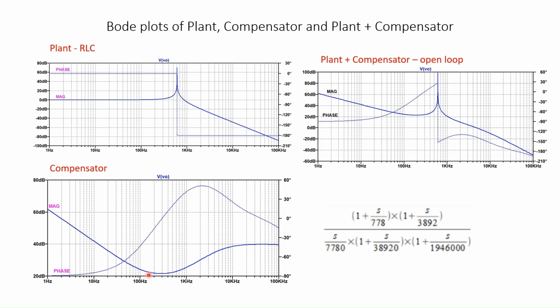After the first zero, we have a second zero somewhere here. It is at the resonant frequency. That gives an additional 20 dB per decade, so the magnitude increases.